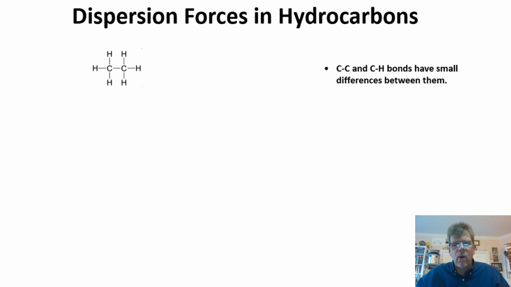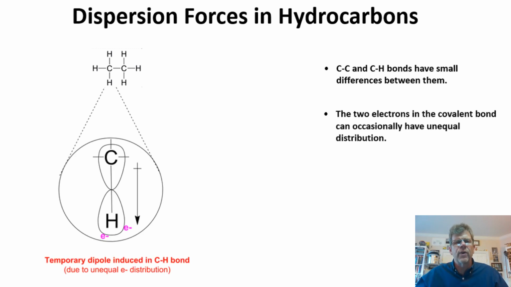So let's see how this works. When we look at a covalent molecule, these lines, as we'll remember, on that covalent molecule are two-electron covalent bonds. So what I'd like to do is focus in on one of them. Right here we have our carbon and our hydrogen, and those two electrons happen to be encircling both the carbon and the hydrogen.